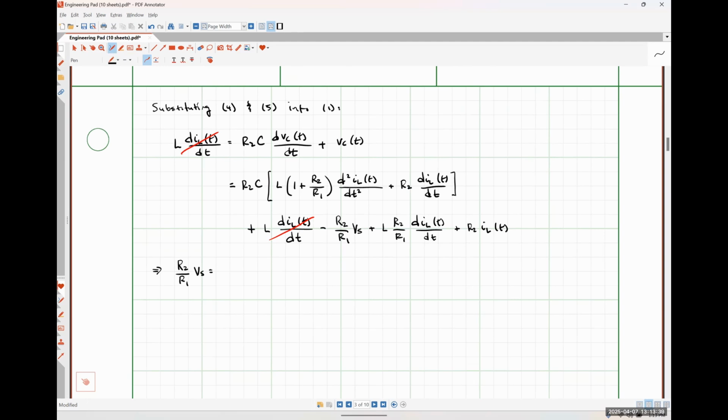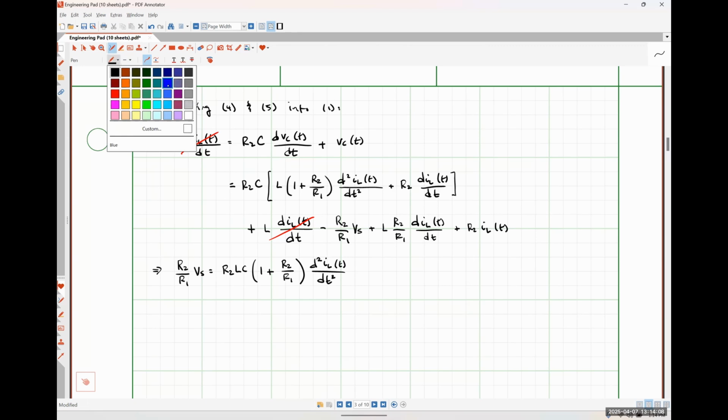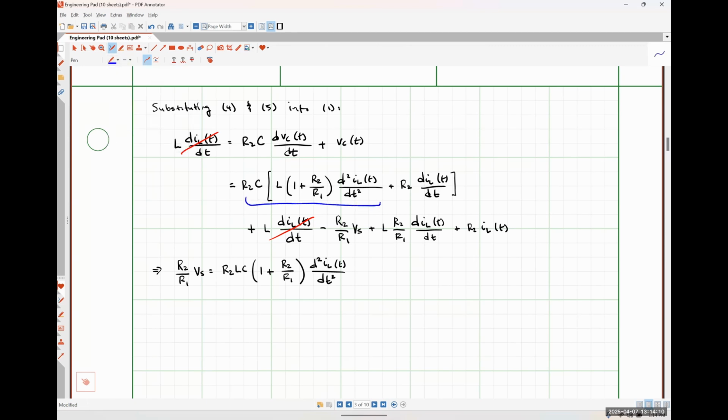So I've got an R2 times a C times an L. So I'm just going to write this as R2 LC times 1 plus R2 over R1 times my second derivative of my inductor current. So just to be clear, that's taking care of this guy right here.